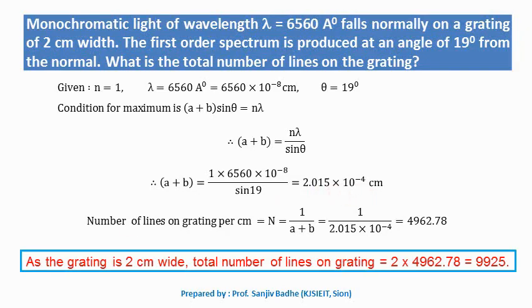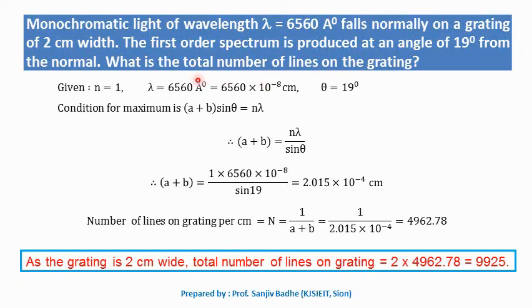Now number of lines on grating per centimeter is given as 1 upon A plus B. A plus B is the grating element which we have calculated, and number of lines per centimeter on the grating is obtained as 4962.78. But what is asked is the total number of lines on the grating.